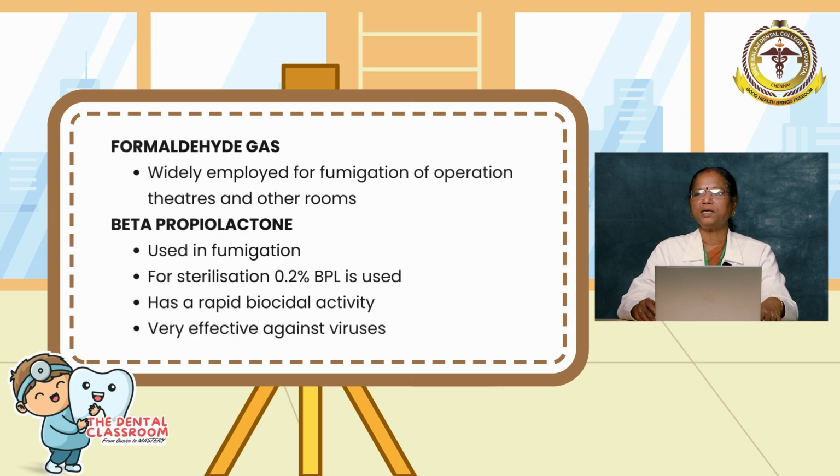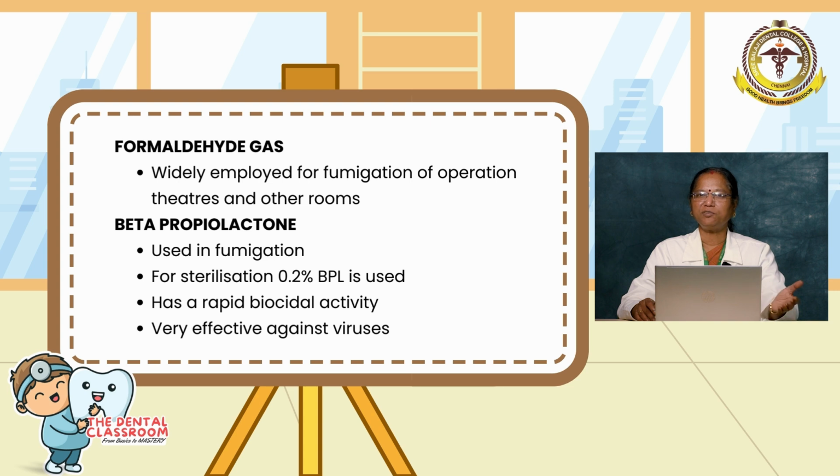The next one is formaldehyde gas. Formaldehyde, which we saw earlier in liquid form, can also be used in gaseous form. When you boil formalin, formaldehyde gas is generated, or you can mix formaldehyde in a proper proportion with potassium permanganate.